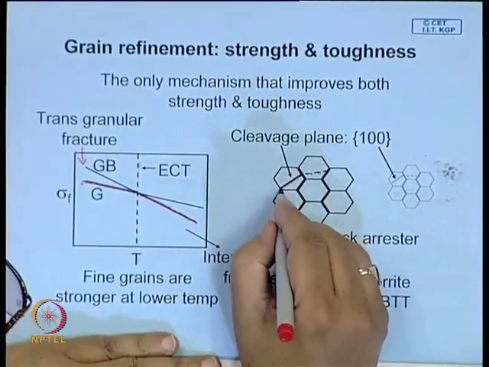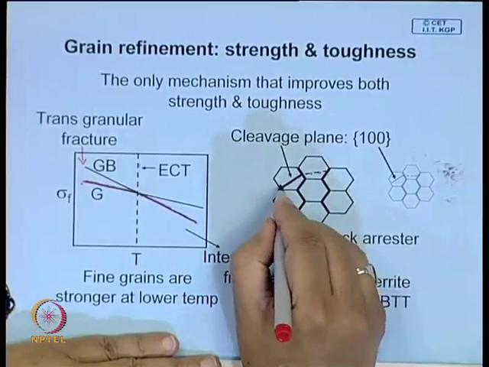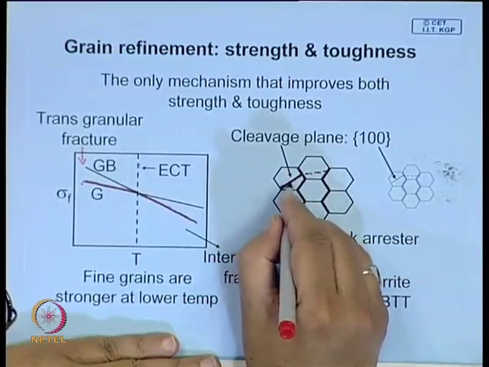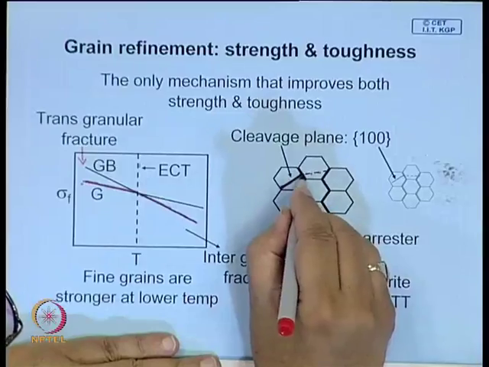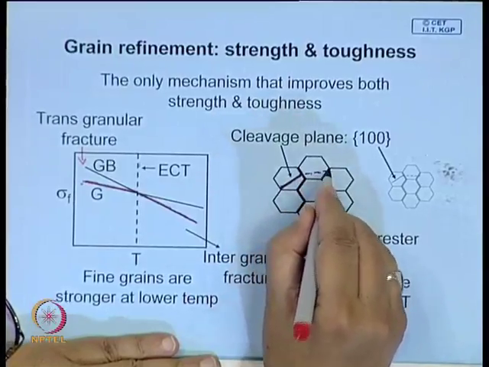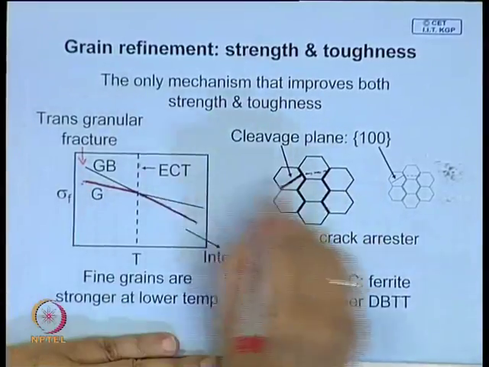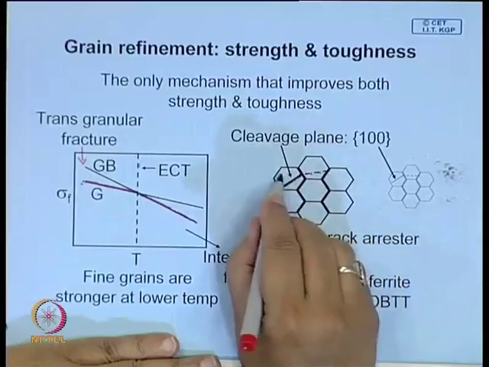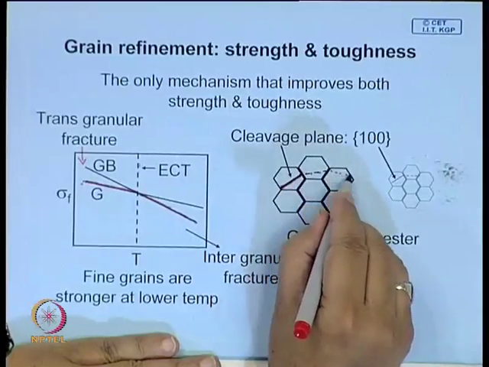So, even if the crack propagates through a grain which is favorably oriented for cleavage, it does not automatically continue into the next one.